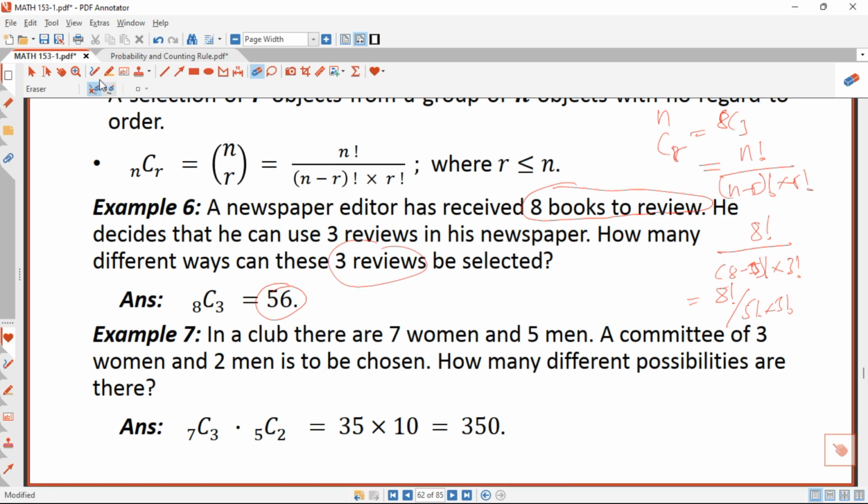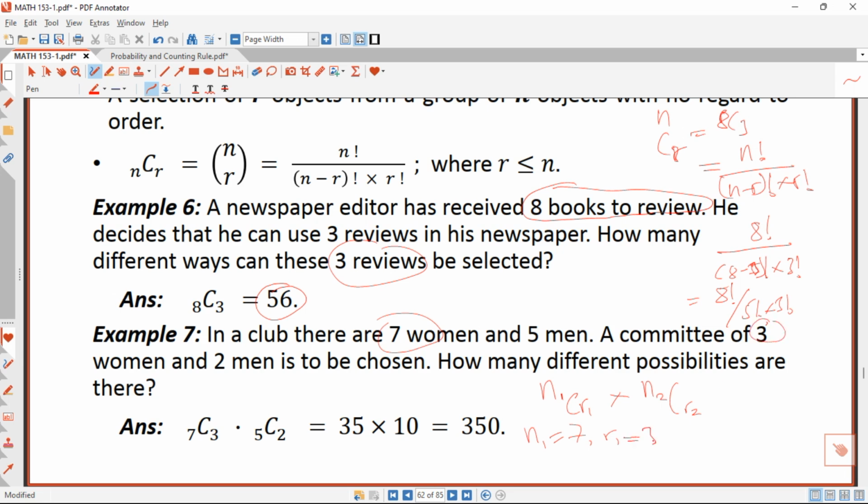So here we have N1 combination R1 times N2 combination R2. N1 will represent the total number of women, which is 7. R1 will represent the women being selected for the committee, which is 3.